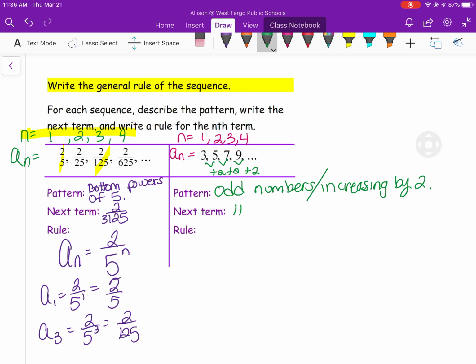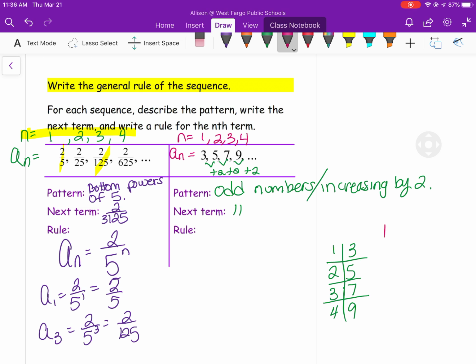And the rule that's going to go with this, we have to look at, if I plug in 1, I get out 3. If I plug in 2, I get out 5. If I plug in 3, I get out 7. So how are these numbers related to one another? If I plug in 4, I get out 9. Well, increasing by 2 tells me that I'm going to be multiplying something by 2.